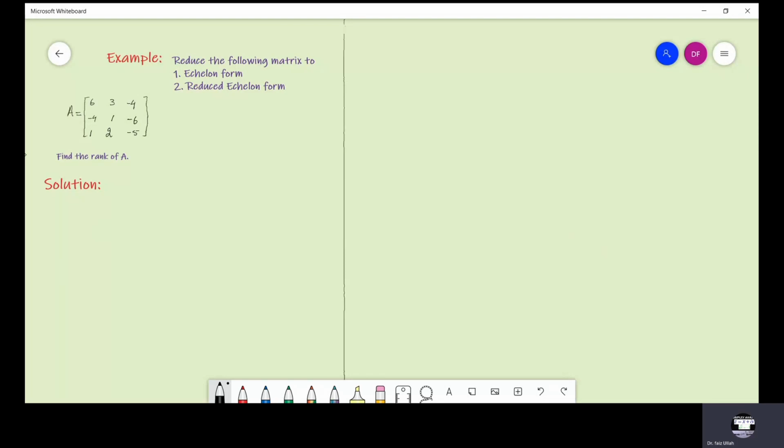So let us start the solution of part 1. We can write that A is row equivalent to another matrix, which is obtained by row operations. The first thing which we need is that this entry should be equal to 1. So we can divide row 1 by 6, or we can interchange row 1 and row 3.